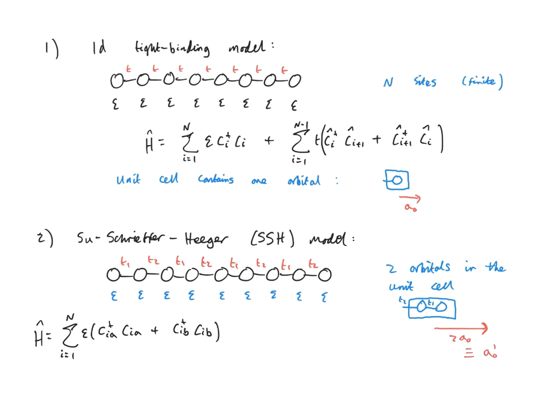So i labels the unit cell number, and A and B label the two atoms within the unit cell. And then I have tunneling terms. I have the sum over unit cells with the tunneling within the unit cell, c_iA dagger c_iB, plus the Hermitian conjugate term.